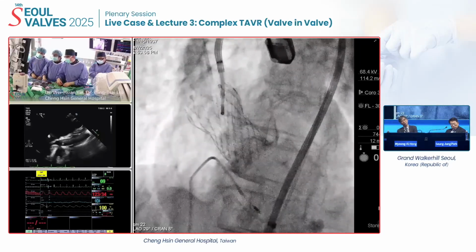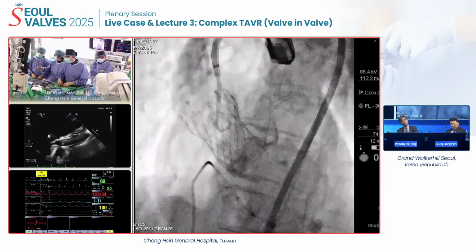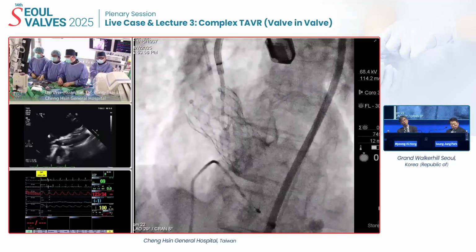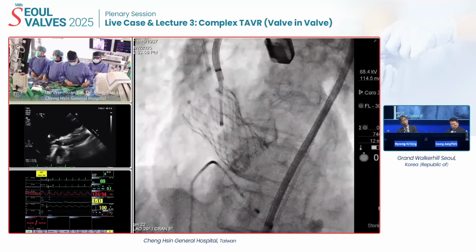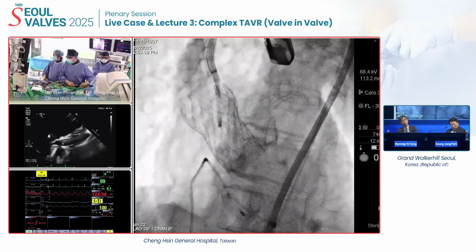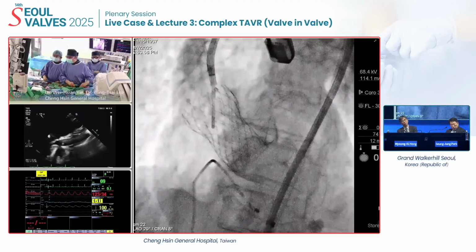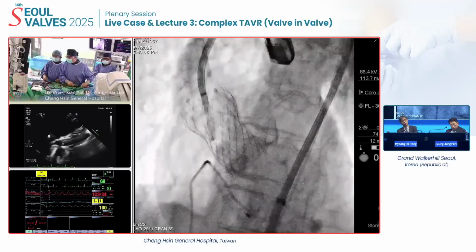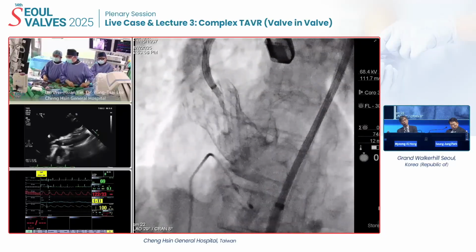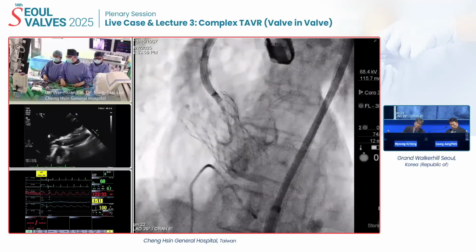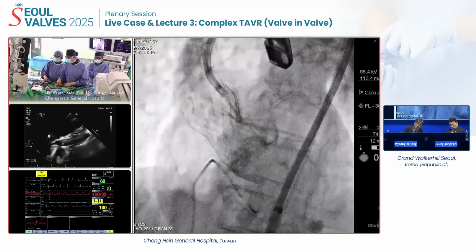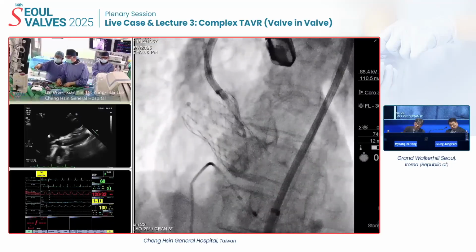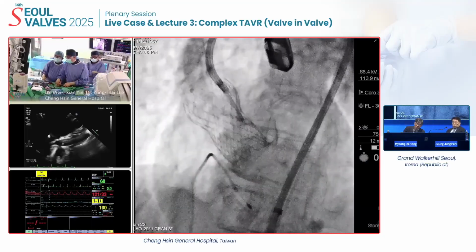After leaflet modification or chimney stenting, then it may result in being at the same level of the coronary takeoff. So that means we should aim at the inflow portion of the first valve as the landmark or the marker to implant the second one. That can keep the inner skirt of the second valve below the coronary takeoff.